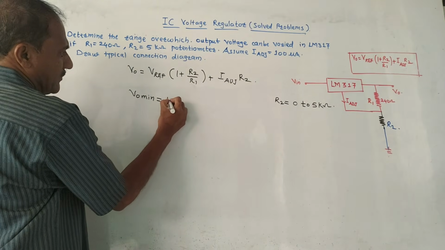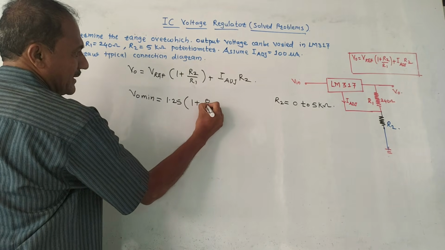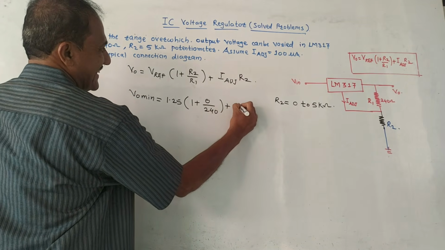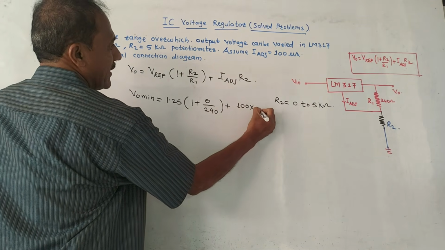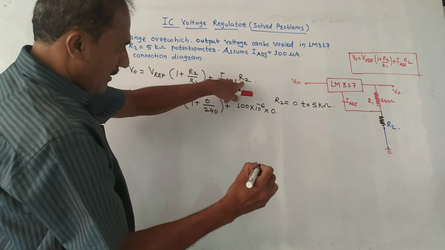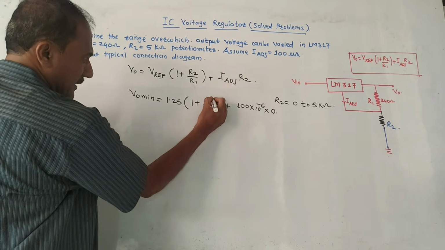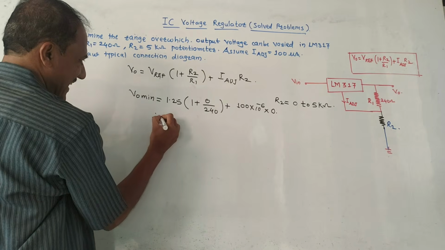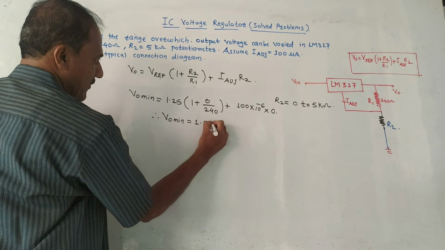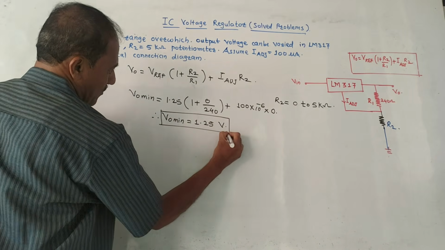V reference is 1.25, 1 plus R2 minimum, meaning 0, upon R1 240, plus I adjustment is 100 into 10 raised to minus 6 into R2 minimum 0, because we are calculating the minimum. So this entire term becomes 0. This term becomes 0. So the answer of V0 minimum is equal to 1.25 volt. So this is the value of V0 minimum.